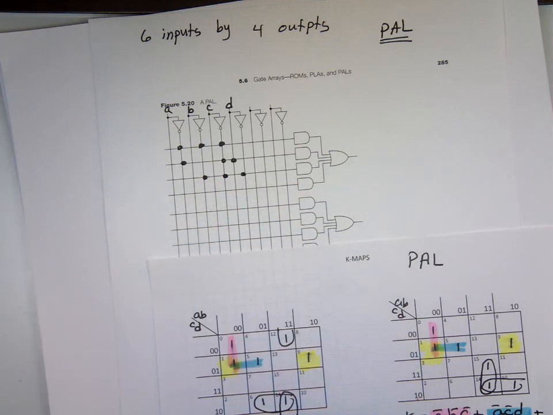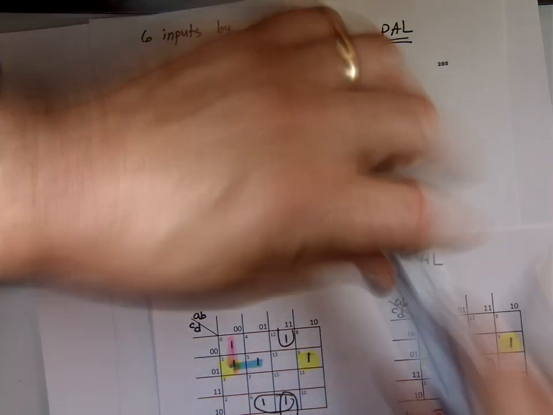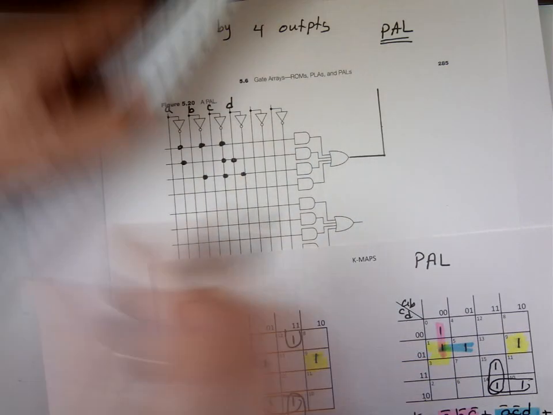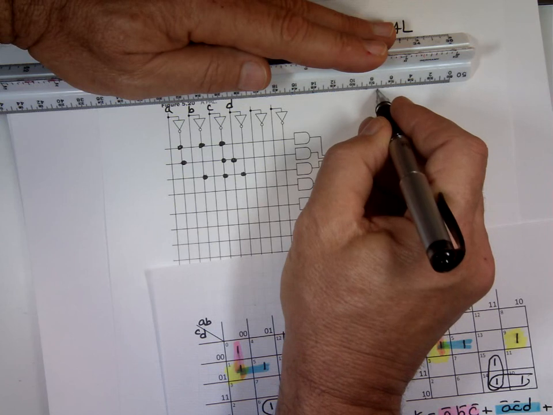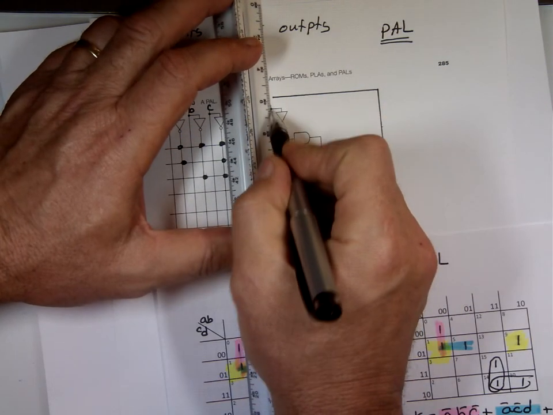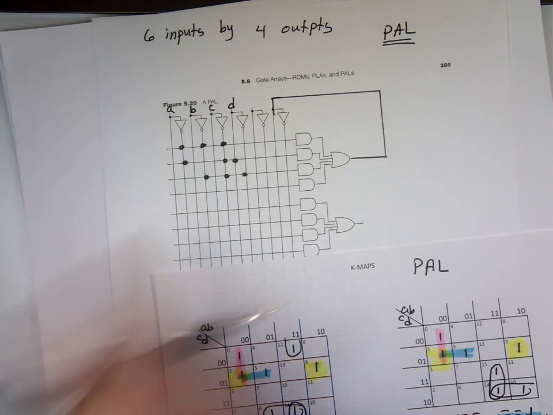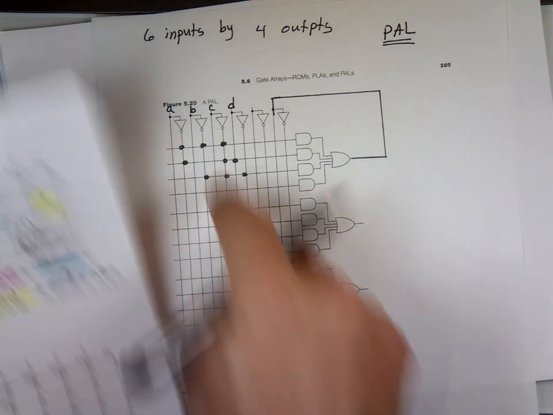Since it's going to be shared by all of them, I'm going to take this, loop it back in, and attach it to either one of these. Any one of them. So I'll attach it to the first one. Anytime you attach to this one, you're getting all 3 gates into one. So this is the common one.